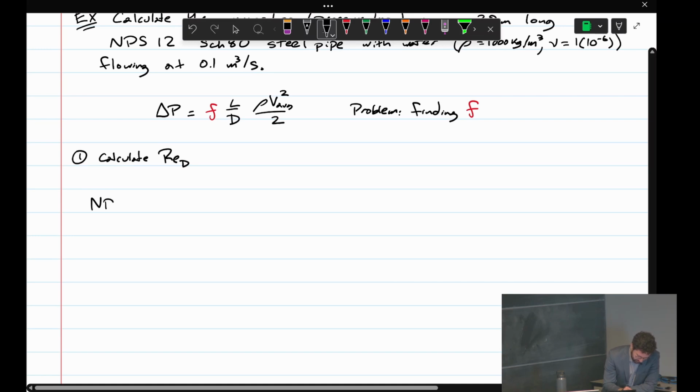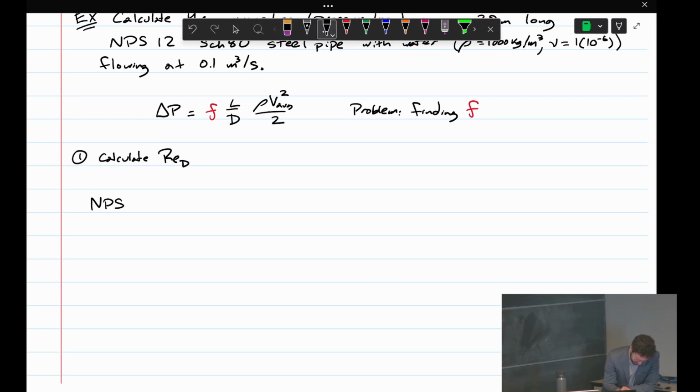So NPS schedule 80, sorry, NPS 12. How the standard pipe sizing works, I posted a link to the Wikipedia page because it's actually really good on this. The NPS kind of gives you an outer diameter, and the schedule here gives you the wall thickness. This is because the design of this sort of thing isn't just a fluids problem.